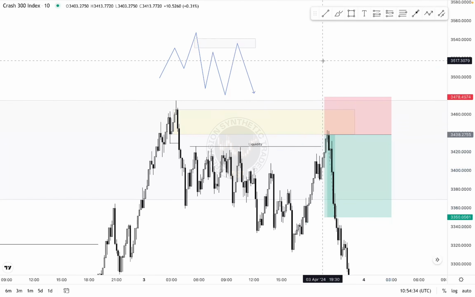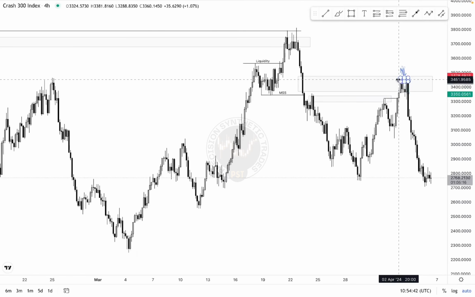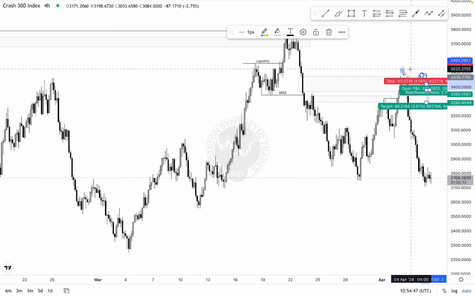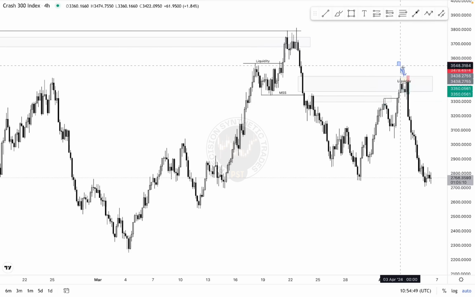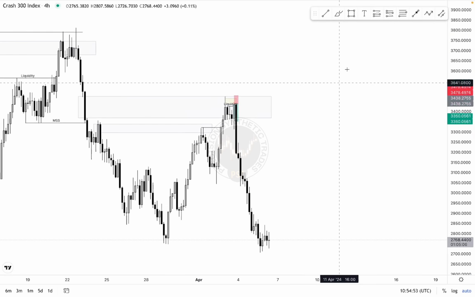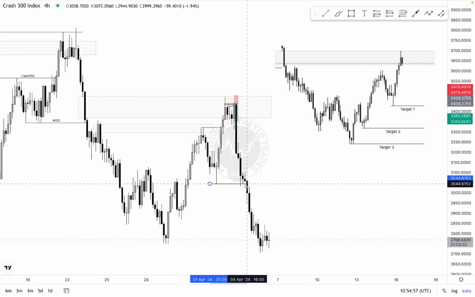And where did I target? Let's go back to the 4 hour, because the idea came from the 4 hour, so I'm going to target 4 hour lows. Just want to delete that. There we go. And as you can see, I did share this was my target 1.